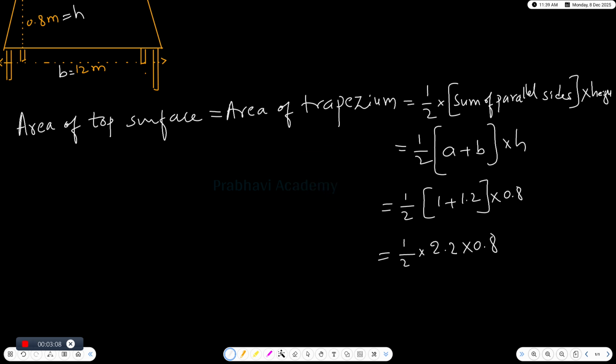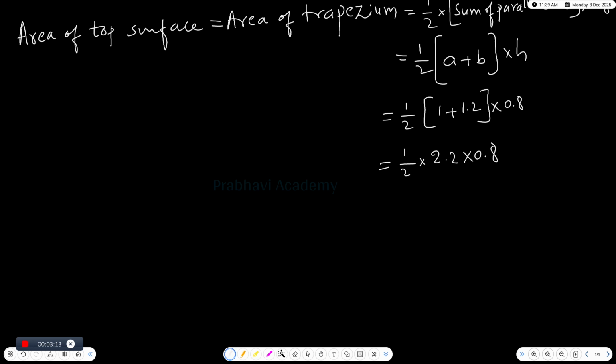Okay. Now many of you don't know how to multiply decimal numbers, so I'll give you a simple trick here. 2.2 I can write as 22 by 10, and 0.8 means 8 by 10.